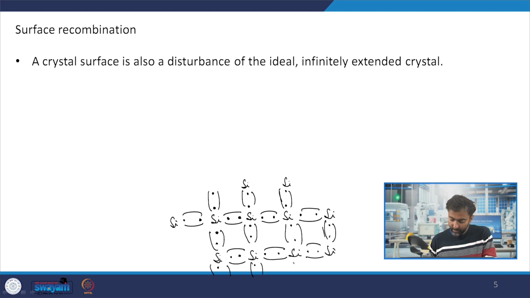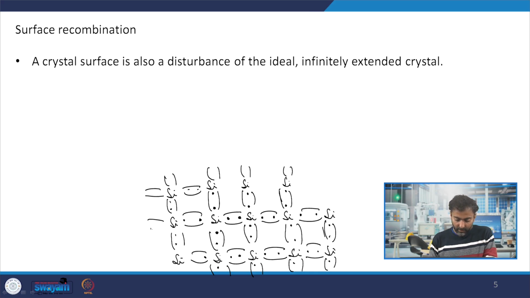We can go on drawing this infinitely, there is no end to this. You can keep on drawing infinitely like that, on all sides, and these atoms also will have the same, and that is the idea of a silicon crystal.